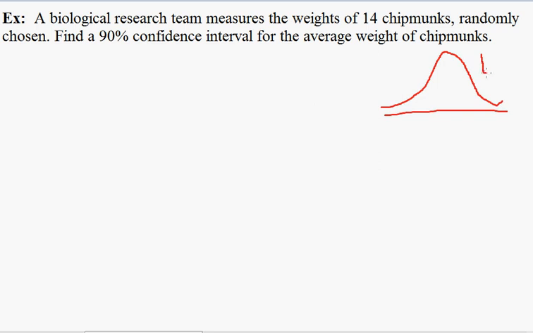And because I have a small sample, it is a t-distribution with 13 degrees of freedom. And I want a centralized confidence interval, so I want 90% of the area to lie in the middle, which leaves 5% in the right tail, as well as 5% in the left tail.